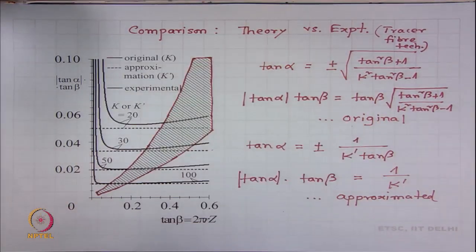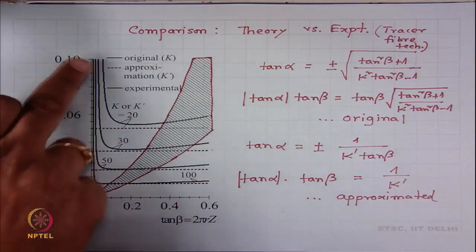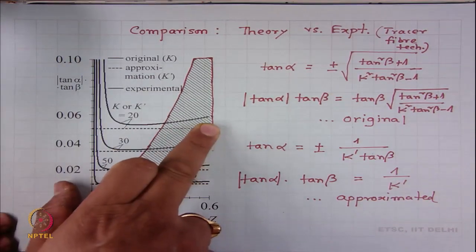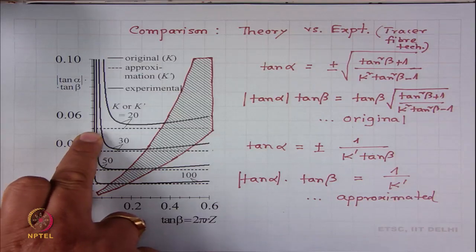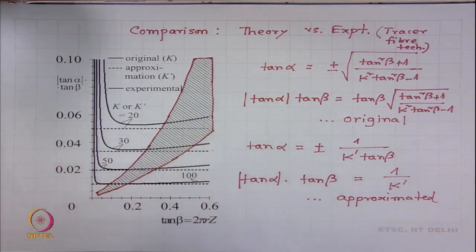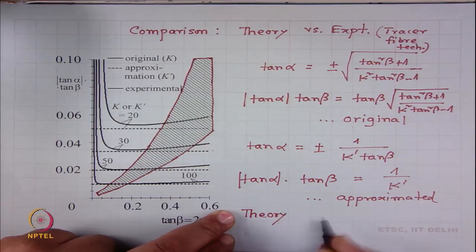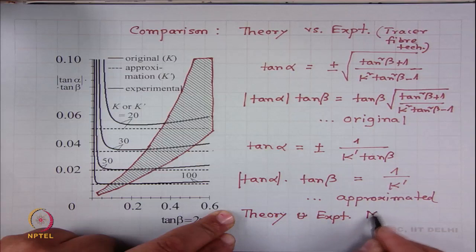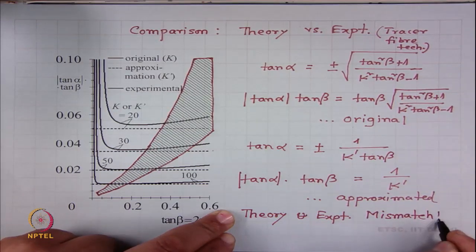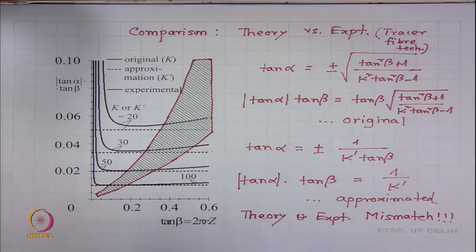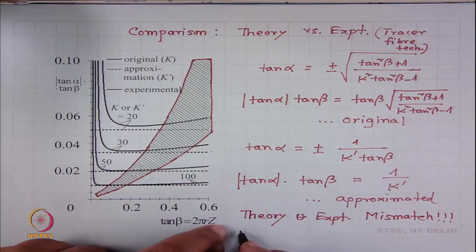However, the theoretical results, the original one, decrease then increase, and the approximated one is constant. So, there is a complete mismatch between theory and experiment. Totally different trends.